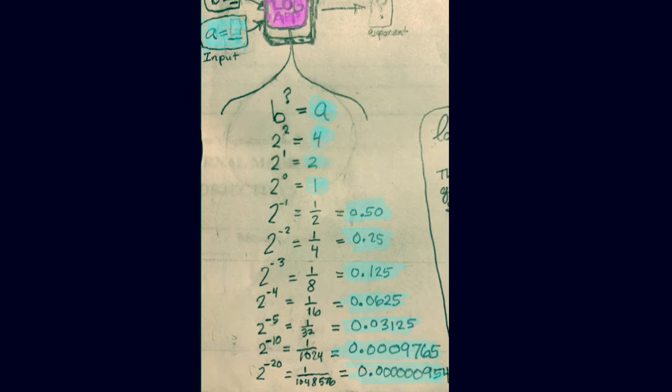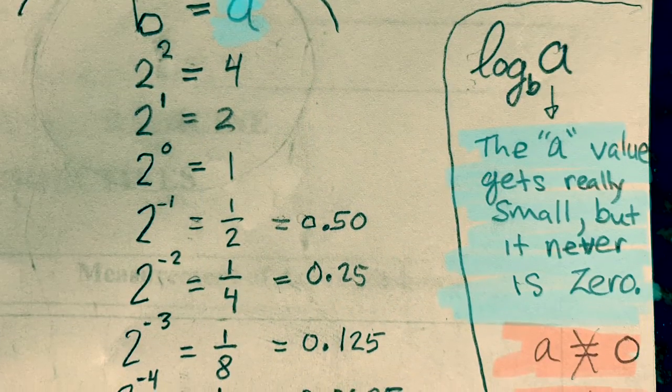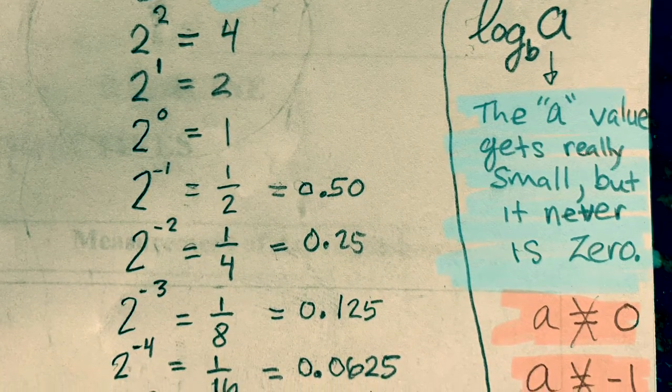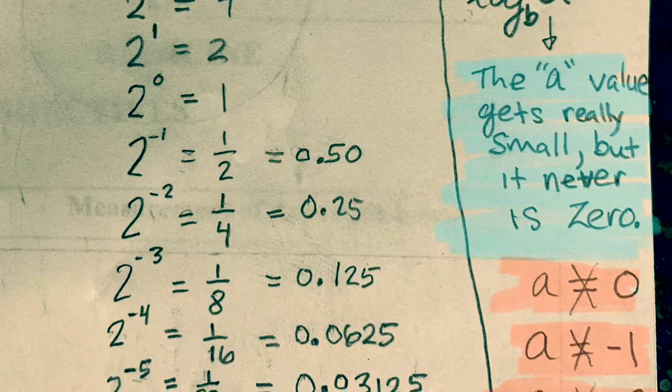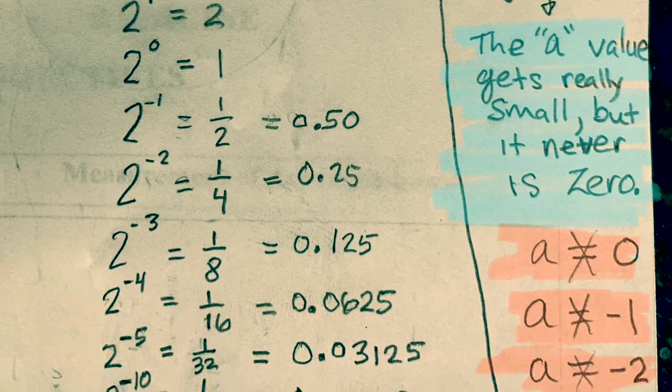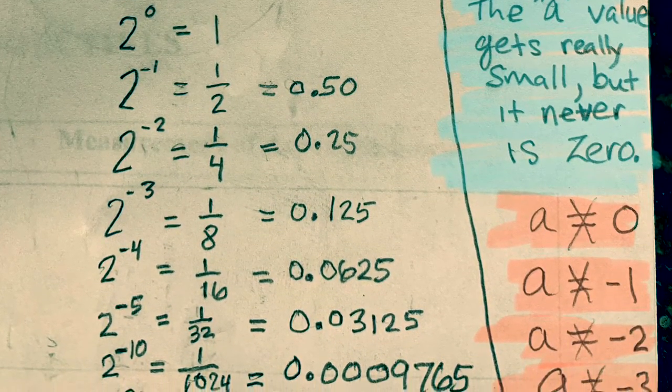And look at how small it gets, all the way down to 0.00000000954. And as the exponent gets even smaller, like to -30, the A value will get really, really small, but that number will never, ever become negative, and it'll never, ever equal 0.